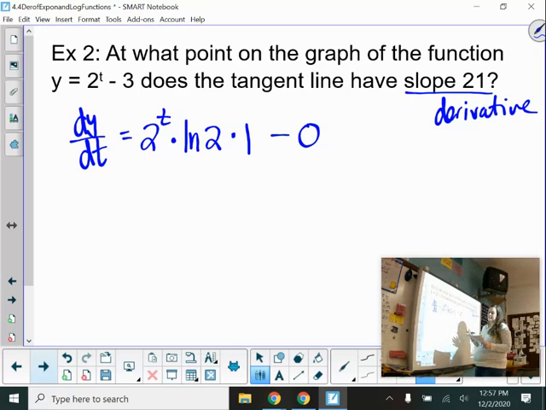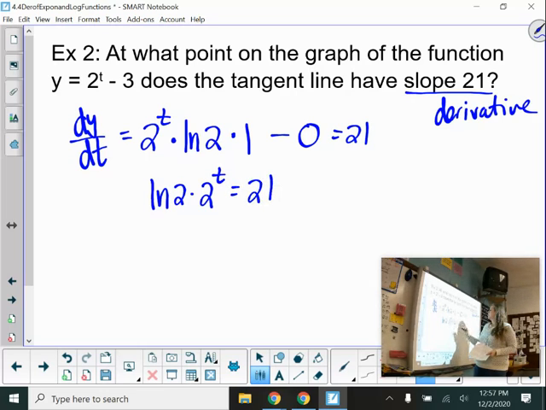But what we're really asking ourselves is, where is this equation equal to 21? So I have natural log 2 times 2 to the t is equal to 21. You would have to use a graphing calculator for this.